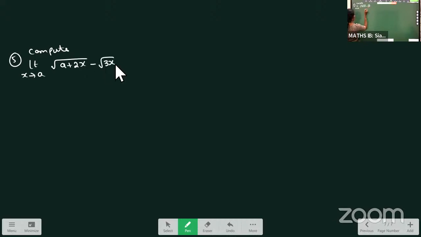Compute the limit as x tends to a of (√(a + 2x) − √(3x)) divided by (√(3a + x) − 2√x).